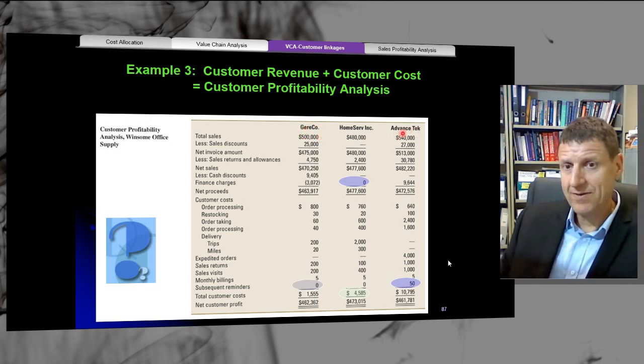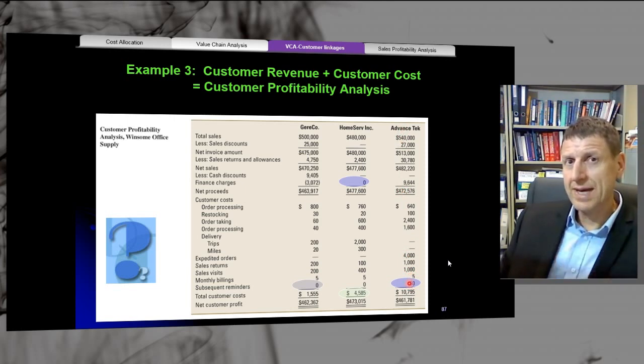How can we work with Advanced Tech to make it more like Jerry Company? Maybe start charging them more for expedited orders so they stop doing that, you see, and then they change to giving you orders more in advance and suddenly they'll become more profitable for you. Can you see that?